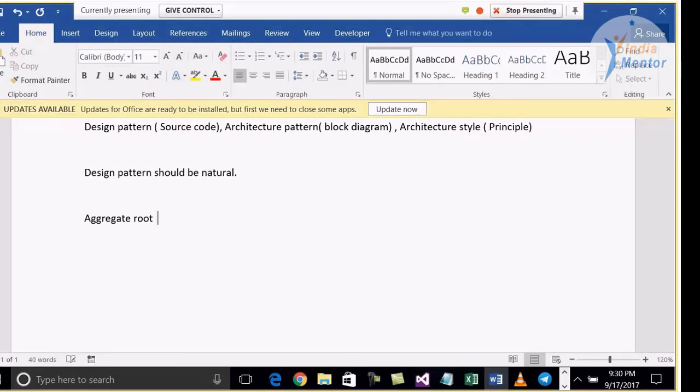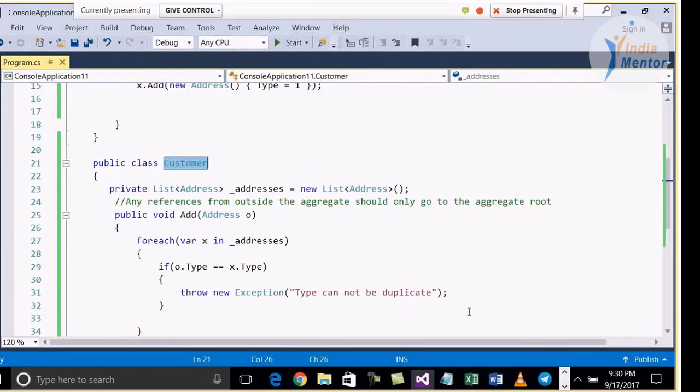Aggregate root is nothing but, in a one-to-many relationship, or in an aggregation relationship, the contained objects, meaning the child objects, and when I say child, it does not mean parent-child, the contained objects are referenced and manipulated via the root, not directly. So that was a very simple explanation of aggregate root.